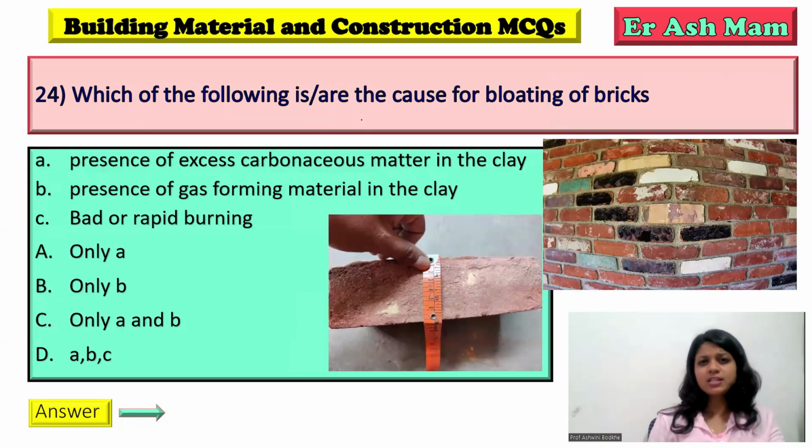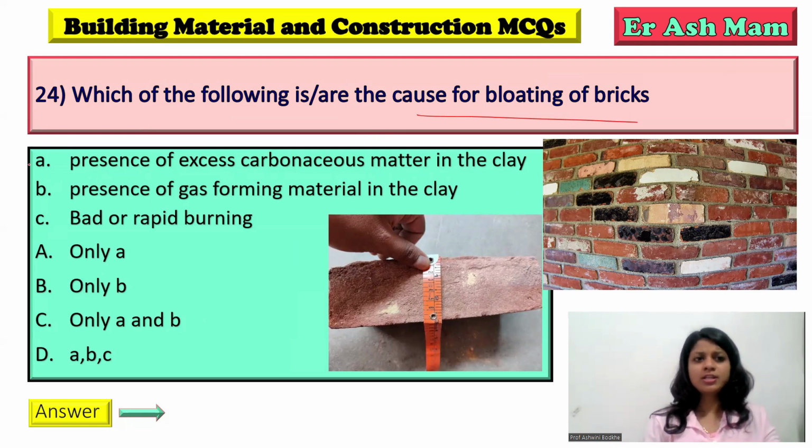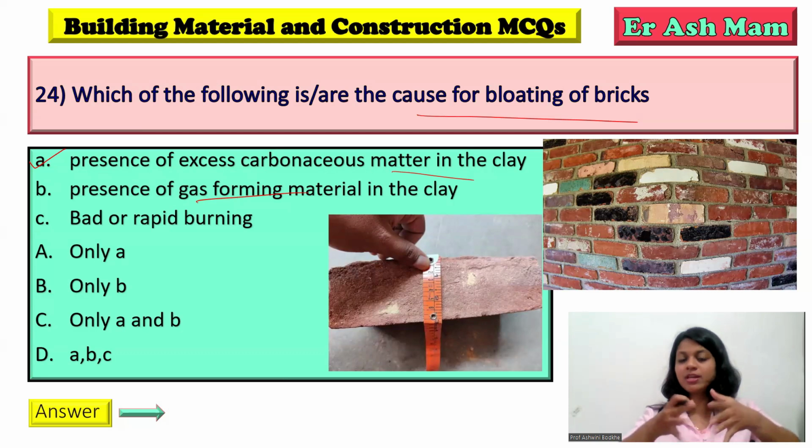Which of the following is or are the cause of floating of brick? Floating means swelling of brick. Okay. There are three options. First, A is presence of excess carbonaceous matter in clay. Yes, correct. Presence of gas forming material in the clay. If there is gas forming material in the clay, then it will again float. Bad or rapid burning.